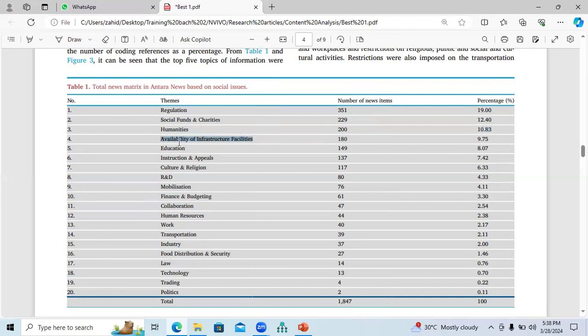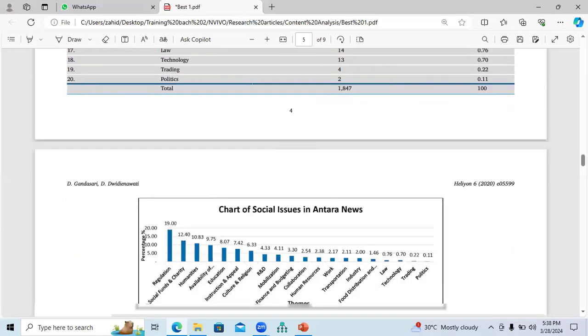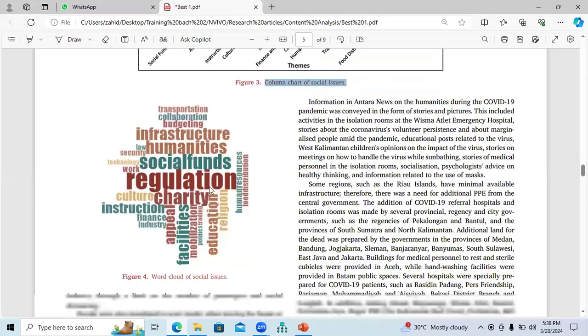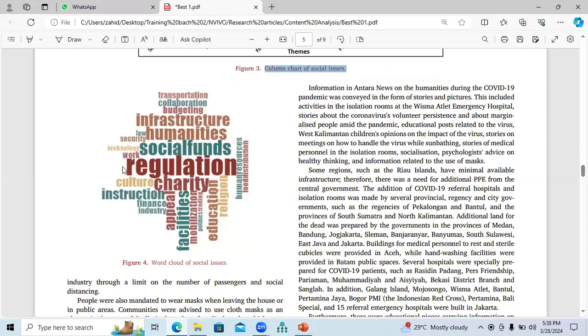You can see a lot of themes or a lot of content which were used in these news of Antara News. So they have created a chart like this. This is a column chart of social issues, and they have created word frequency where regulation is highlighted more as per the analysis.